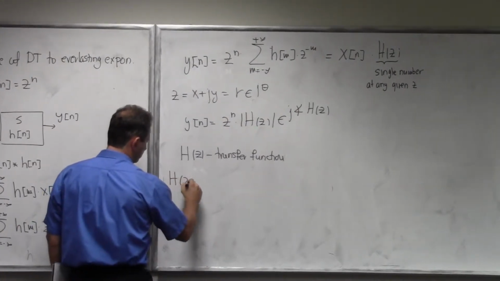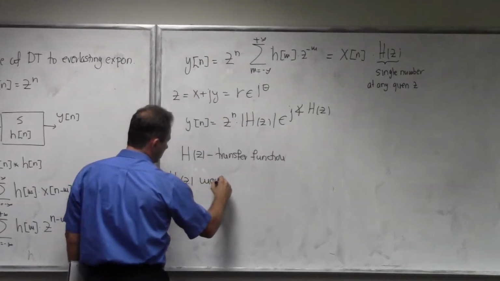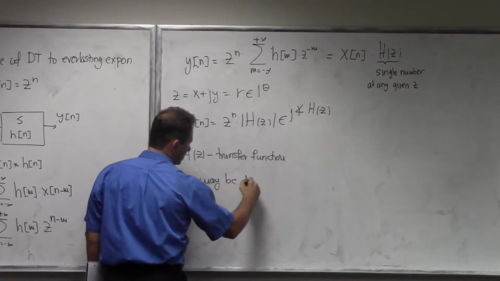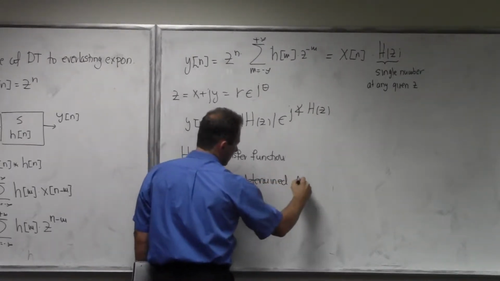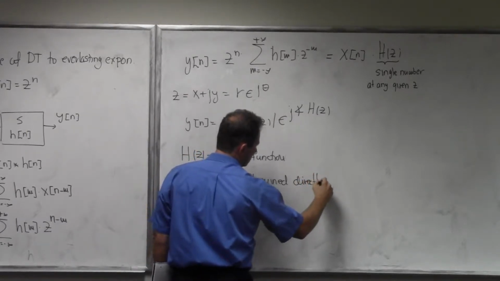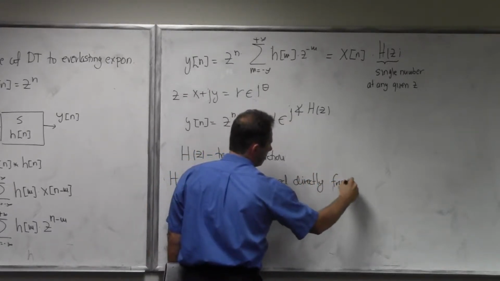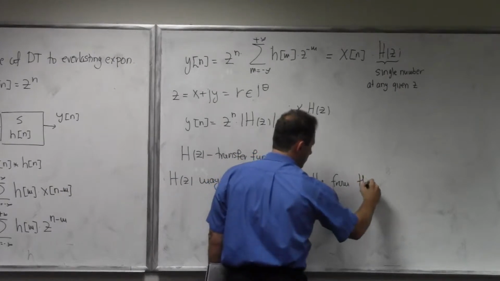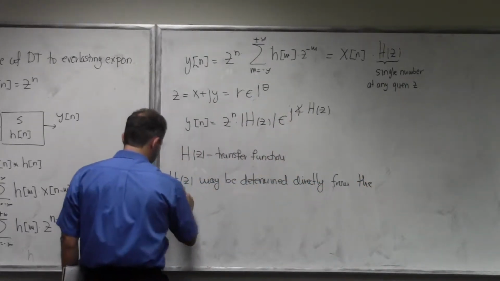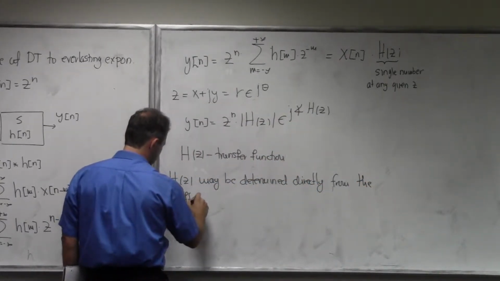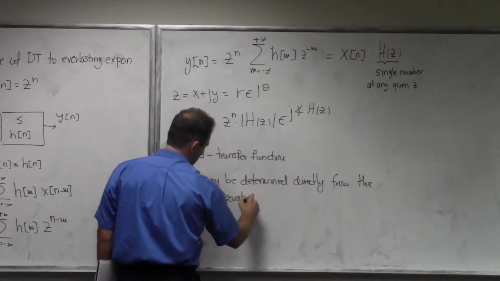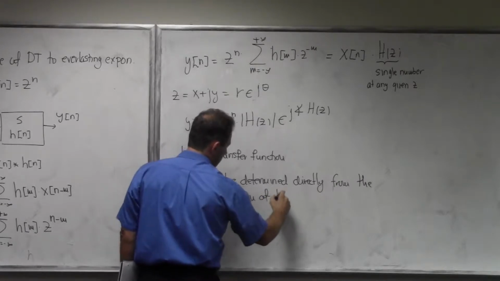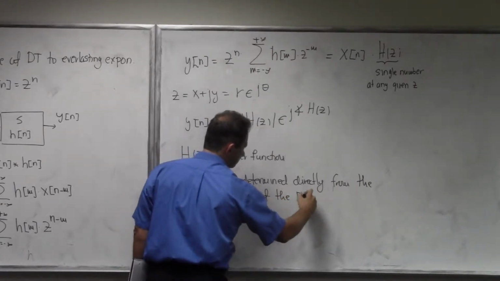H of z may be determined directly from the difference equation of the discrete time system.